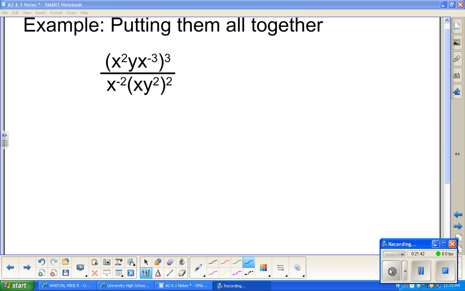Okay, so what would be something we could start with? You want to do the exponent of 3 on the numerator? That's what I noticed too. The numerator has something in parentheses all to the third power, so I can take each of these individual terms to the third power. That might be a good thing to start with. So x squared, if we take that to the third, becomes x to the sixth.